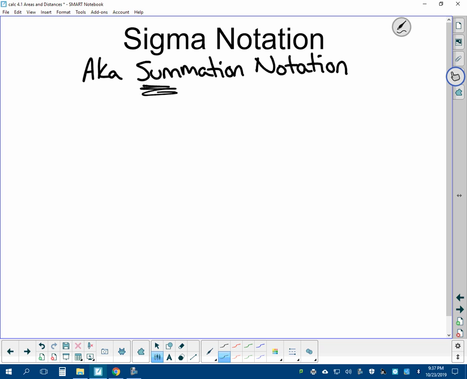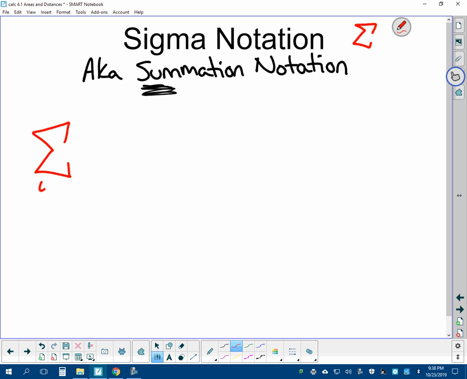because you're going to be taking some big old sums. It's called sigma notation because it uses the Greek letter sigma. It's a capital sigma, which basically corresponds to our English letter S. So what it says is, if we have this big sigma, there's going to be something underneath it.